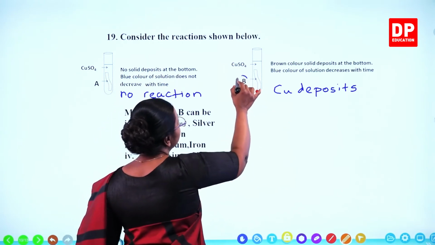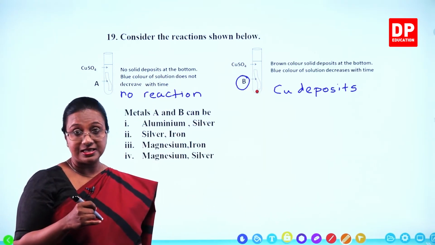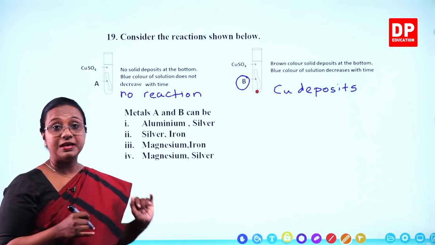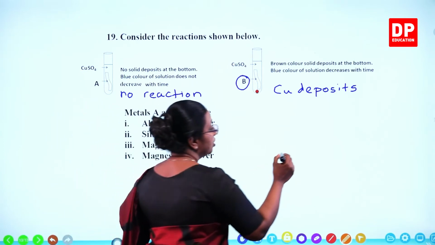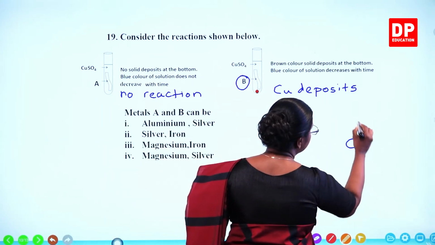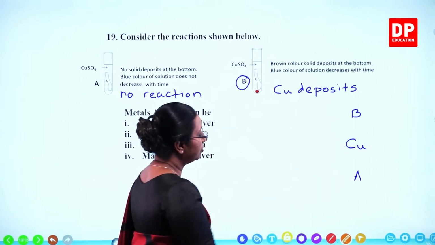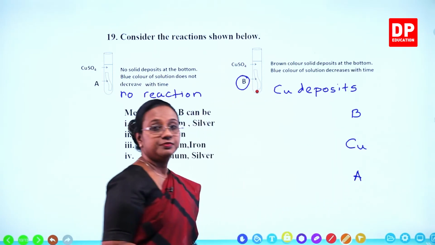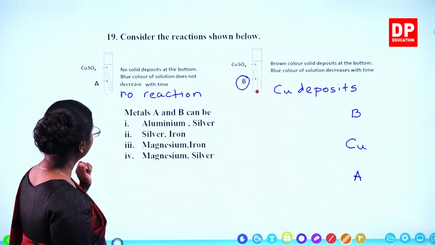So, B has to be a metal that is above copper in the activity series. But A has to be a metal that is below copper in the activity series. So, if we have copper here, B will be somewhere up and A will be below copper. Is that clear? So, we will look at the question.